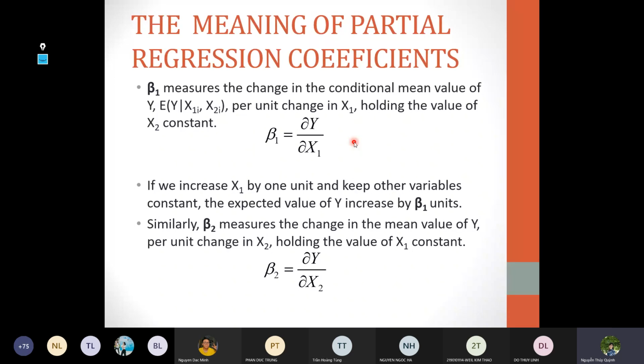Remember, when you explain the meaning of the slopes of the partial regression coefficients, say that you hold other variables constant: we only change the value of that independent variable and keep the other independent variables unchanged.